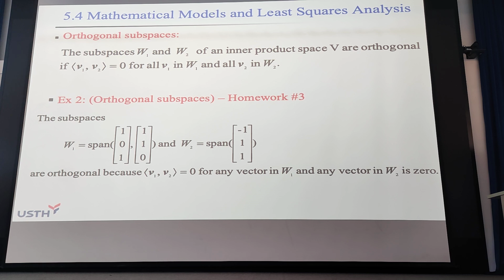You are required to verify that the two subspaces are orthogonal to each other. And the hint for you, because we have that one. So that is your homework, you can try it.